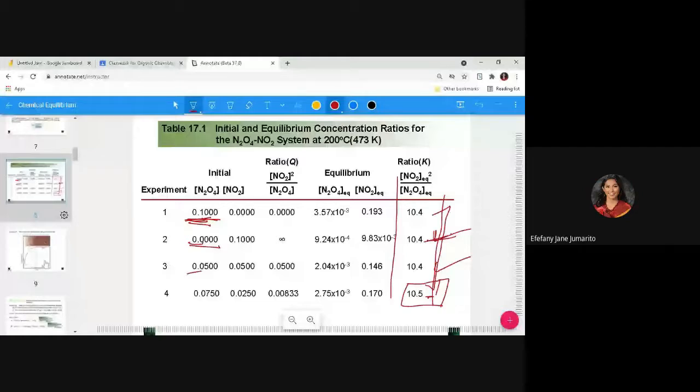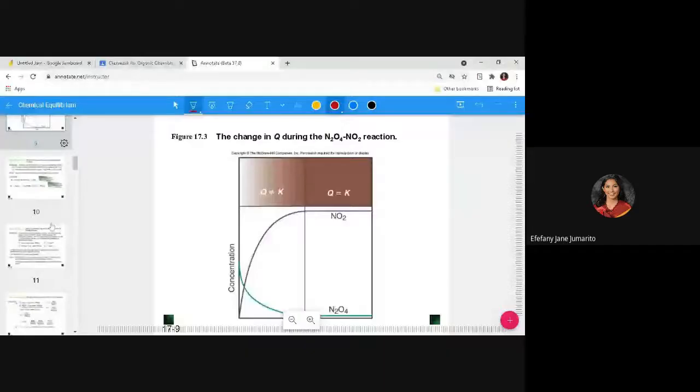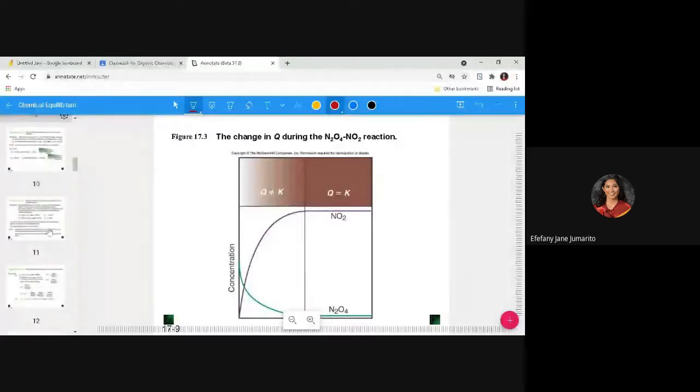Okay, so we have this one, the change in Q during the N2O4 and NO2 reaction.